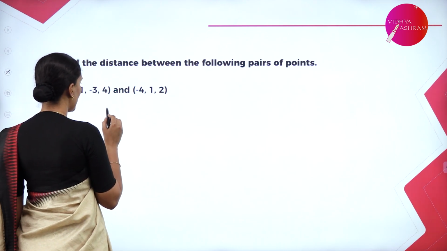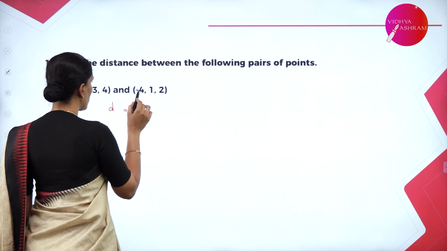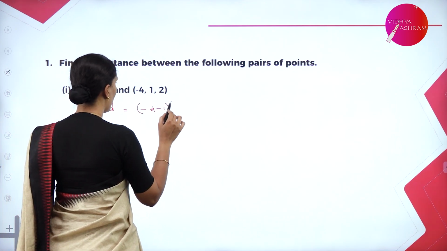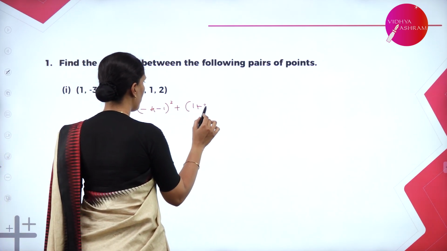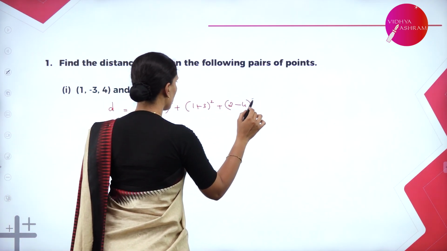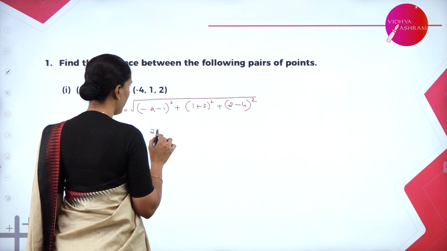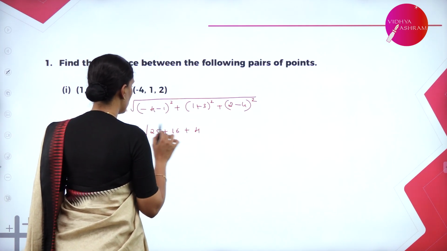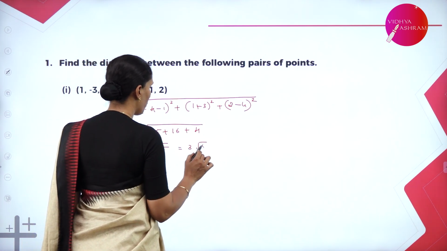The distance, we can use the letter D, can be written as (X2 minus X1, minus 4 minus 1) whole square plus (Y2 minus Y1, 1 minus of minus 3, which becomes 1 plus 3) whole square plus (Z2 minus Z1) whole square under the square root. So which is 5 square 25, 4 square 16, 2 square 4, which will be root 45. We can also write this as 3 root 5 units.